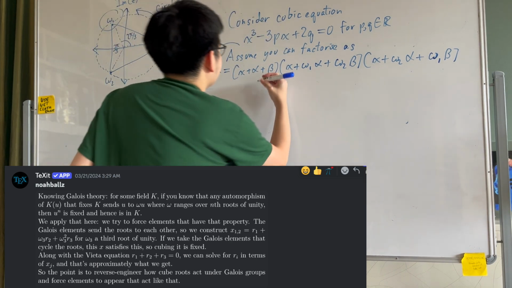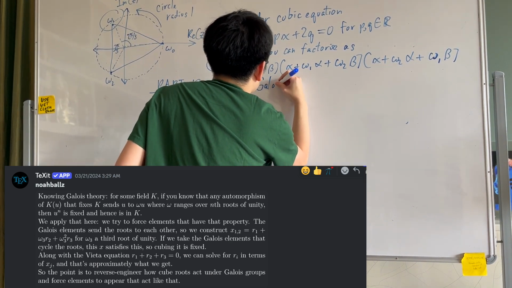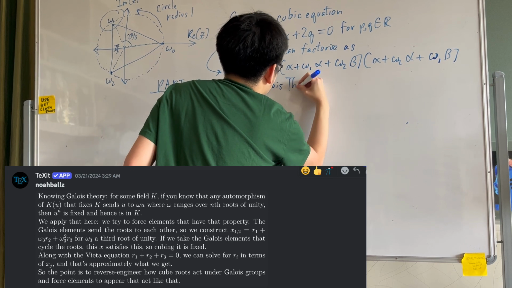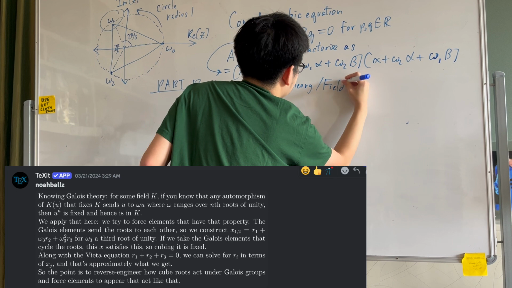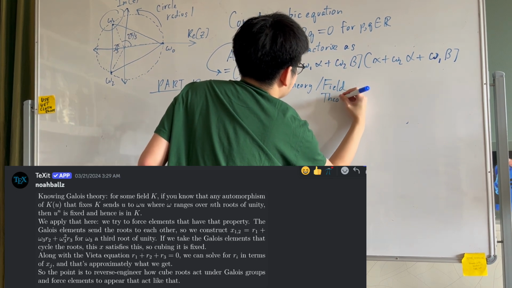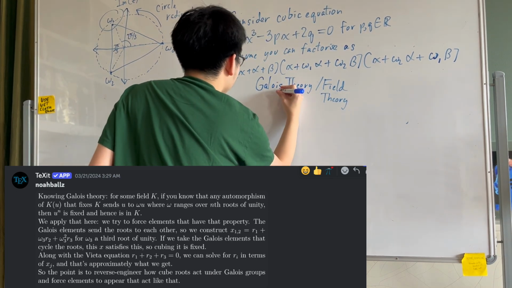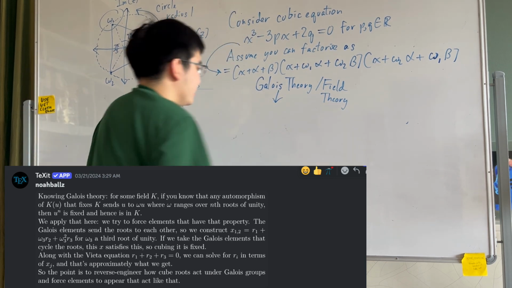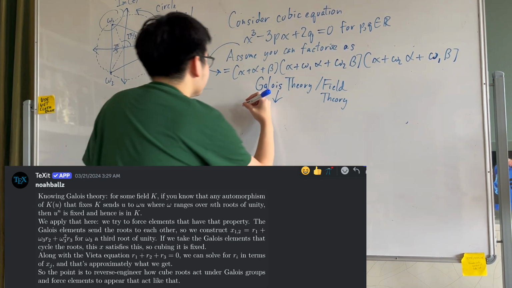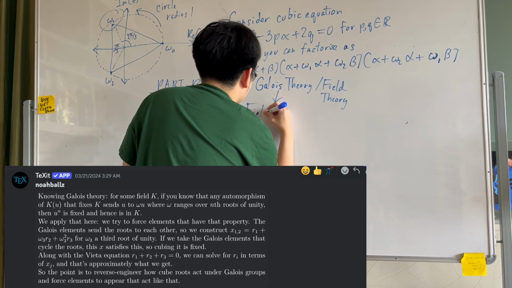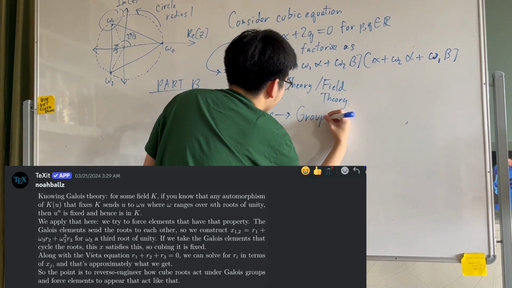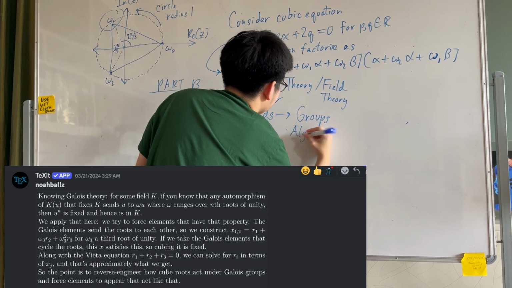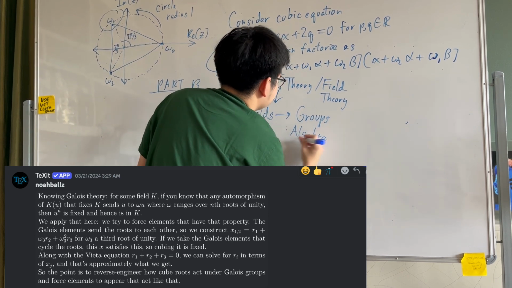But this basically comes from Galois theory or field theory, which is basically a subject that takes this algebraic structure called fields and turns things into groups. And then we do algebra with it so that we can solve it a lot easier.